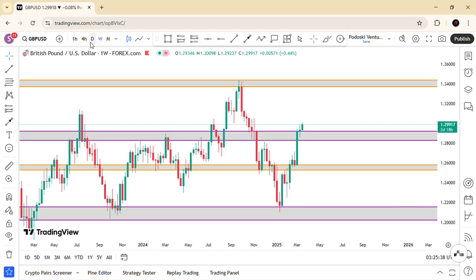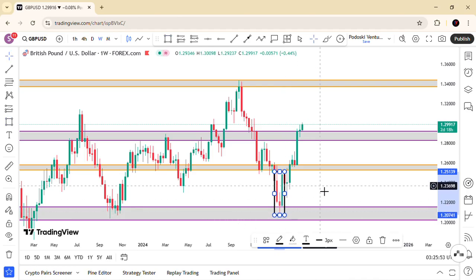On the weekly time frame, I can also see a morning star at the supply zone, the monthly supply zone.